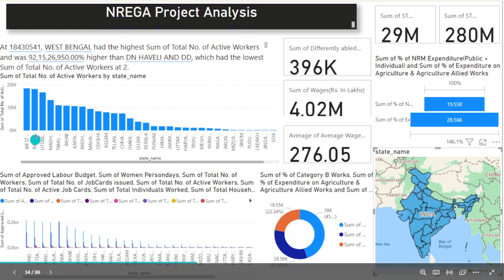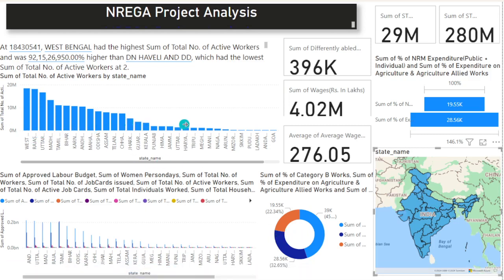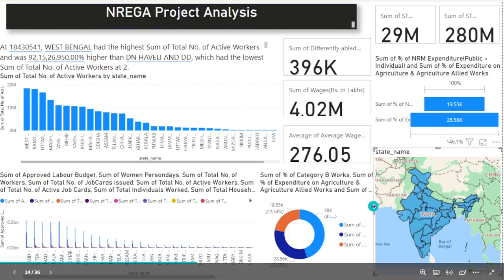We have a number of states here, and this is the sum of differently able persons, sum of wages in lakhs, average wages in lakhs, and sum of ST. These are the analyses we have. I will explain in depth.